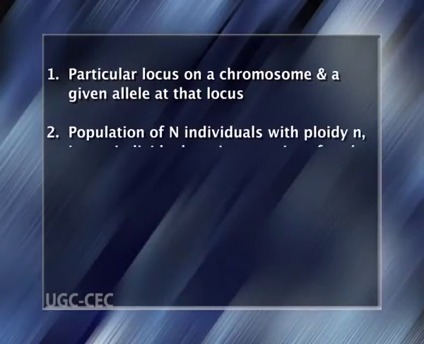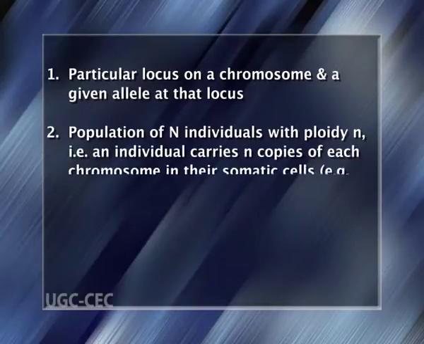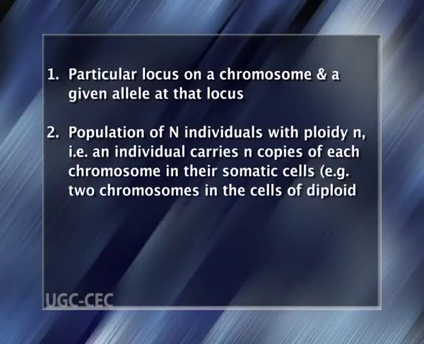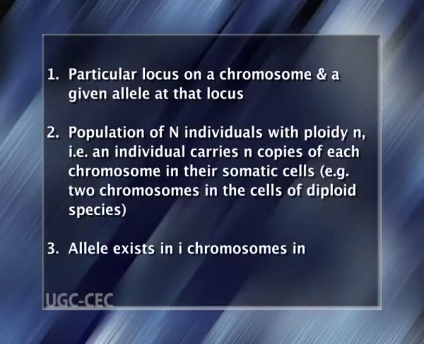A population of N individuals with ploidy n, that is, an individual carries n copies of each chromosome in their somatic cells, for example 2 chromosomes in the cells of diploid species. Number 3. The allele exists in i chromosomes in the population. Then the allele frequency is the fraction of all the occurrences i of that allele and the total number of chromosome copies across the population, i divided by n multiplied by N.